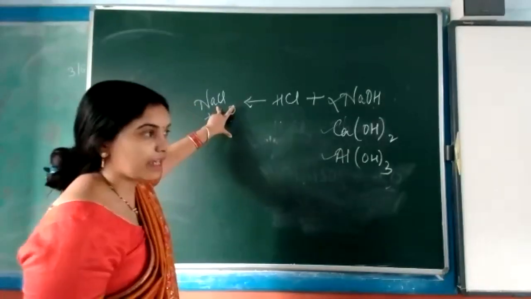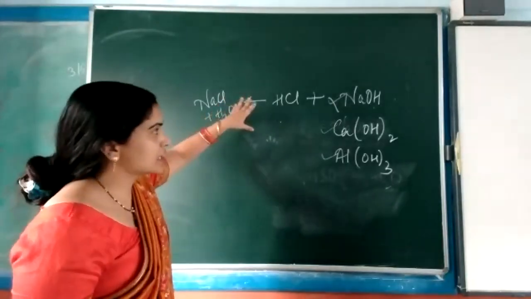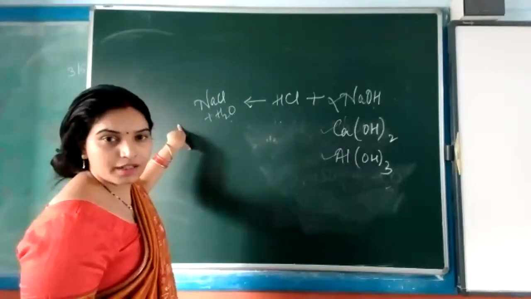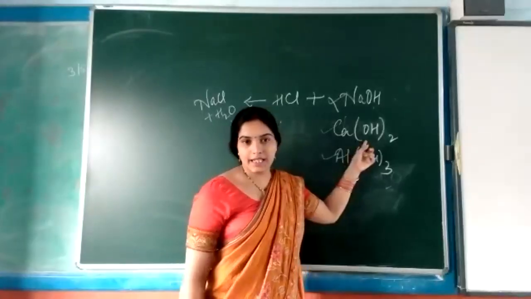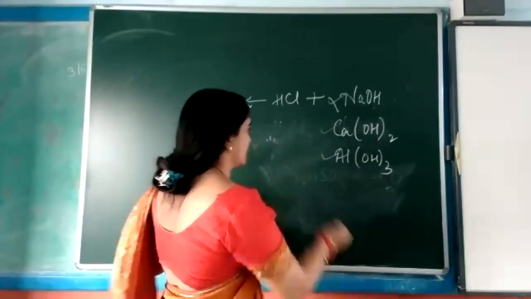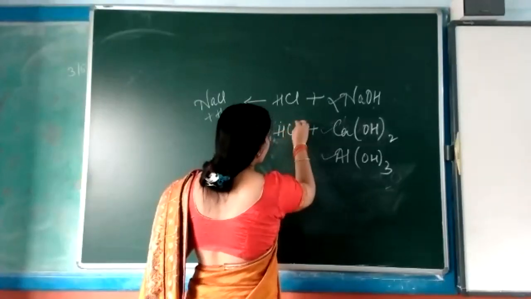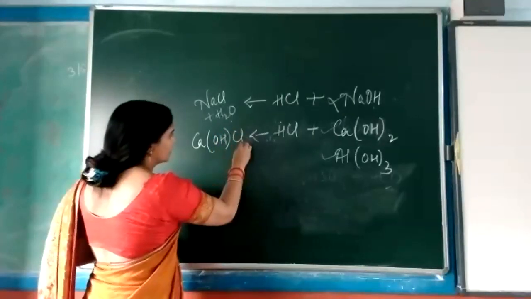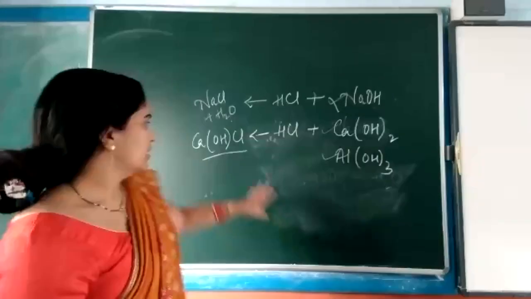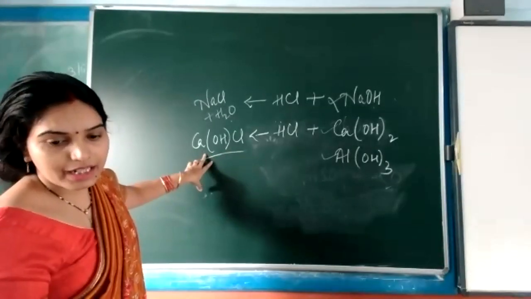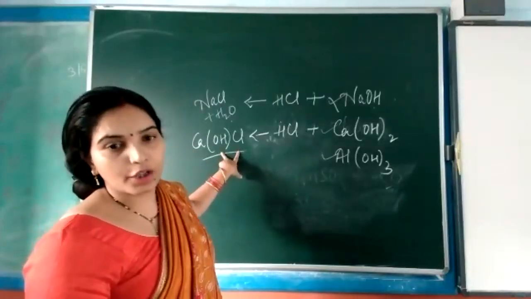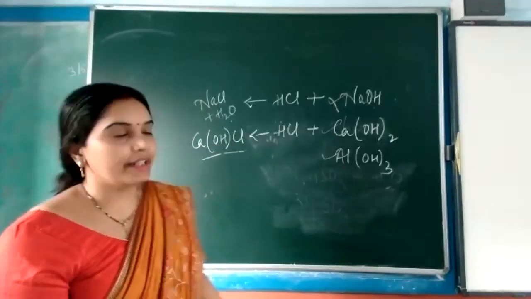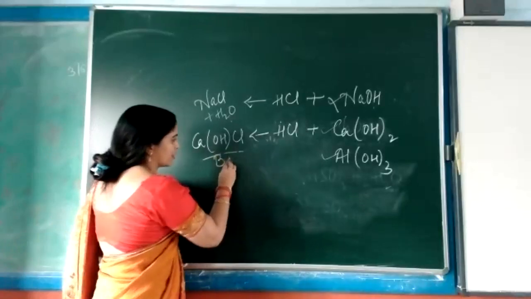But with a diacidic base, we get the result Ca(OH)Cl. This type of salt, that is calcium, in bracket hydroxyl ion, then chloride. Okay. So this salt contains hydroxyl ion in it, thus it is considered a basic salt.